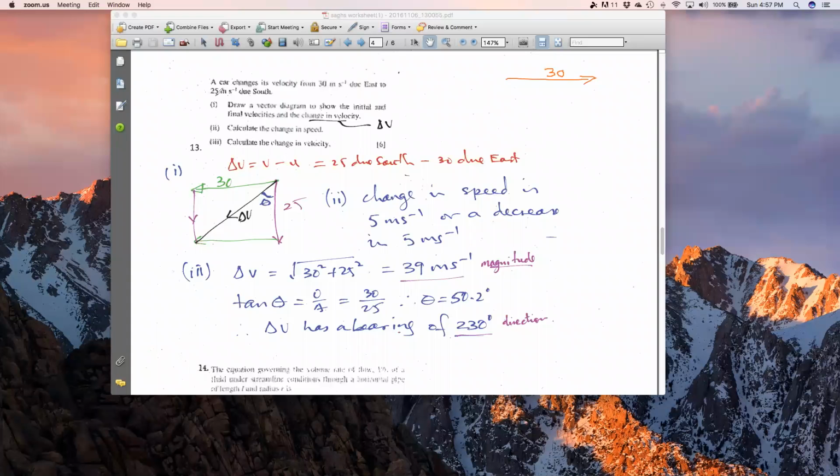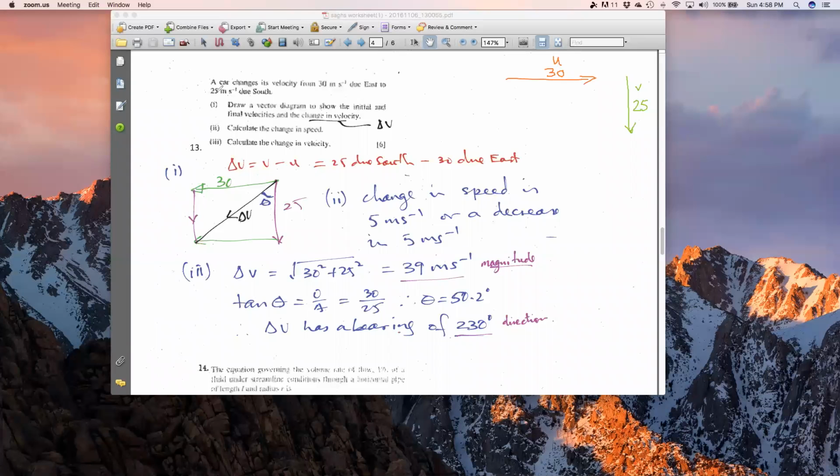And it's going to 25 due south. So it's going from 30 due east to 25 due south. So this is the final velocity. And of course, this is the initial velocity.